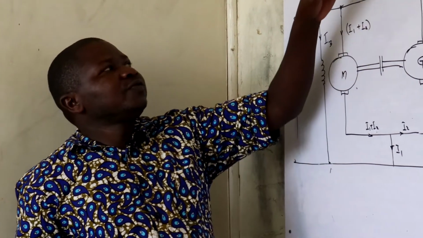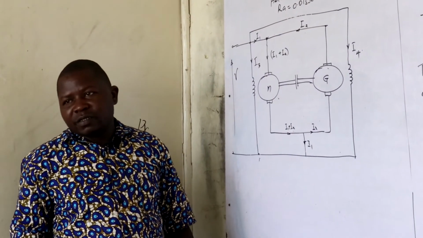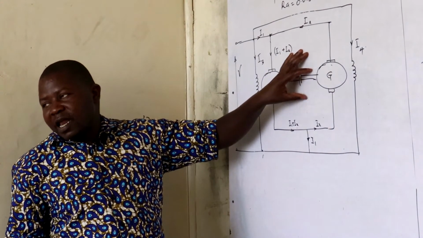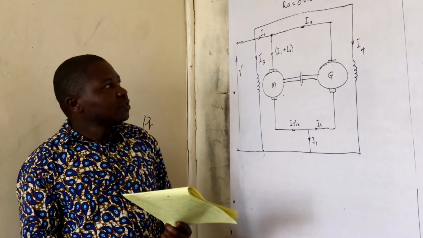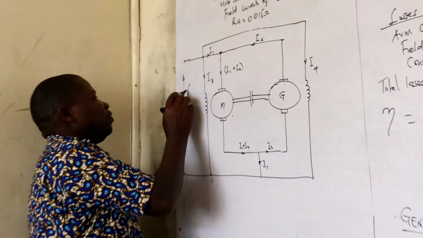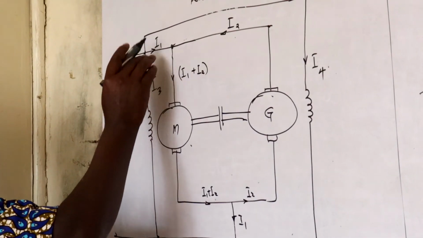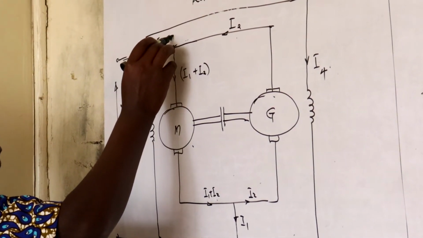So you note the fact that it says not including the field. That means your diagram must appear like this, unlike what we did the previous time. So what is the voltage? The voltage here is 250. Line current 50.